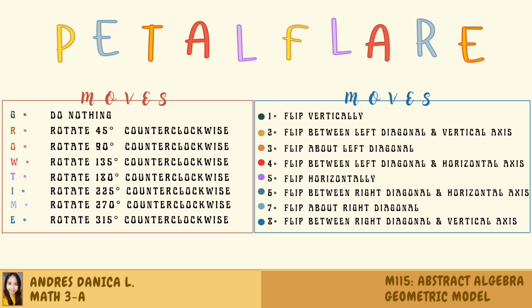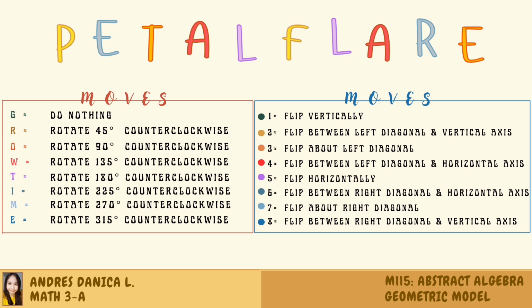For element T, we have rotate 180 degrees counterclockwise. For element I, we have rotate 225 degrees counterclockwise. For element M, we have rotate 270 degrees counterclockwise. And for element E, we have rotate 315 degrees counterclockwise.